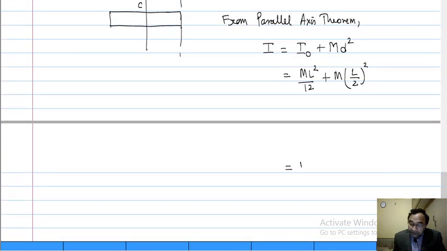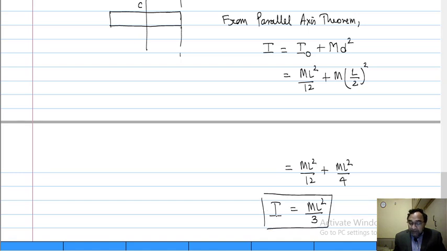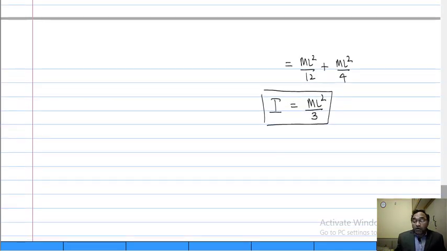Simplify this, and that gives us m L square by 12 plus m L square by 4, and that is nothing but m L square by 3. This is the moment of inertia about an axis which passes through one end of the rod. This is how we can find it.